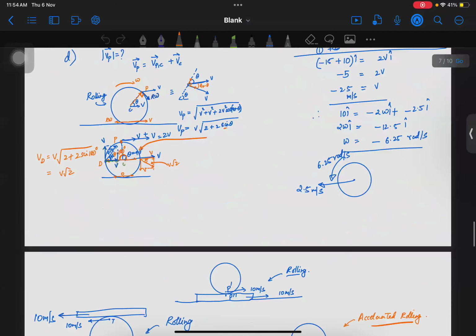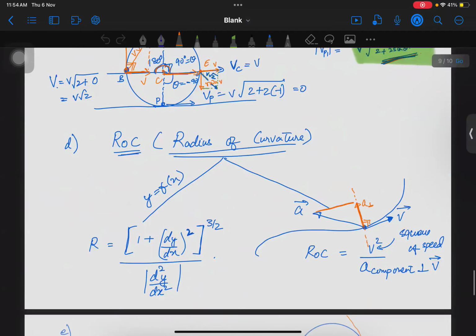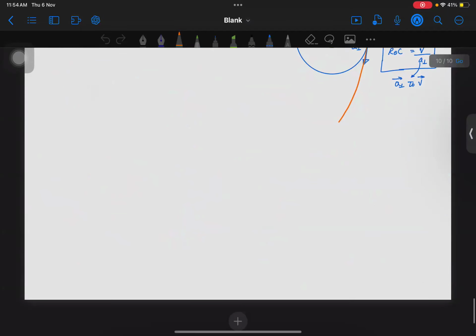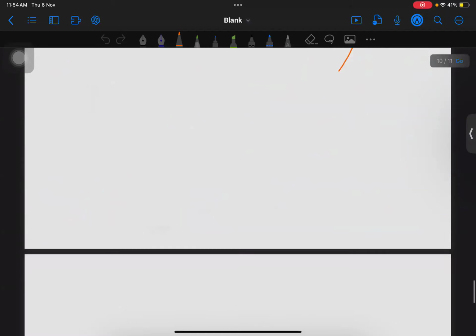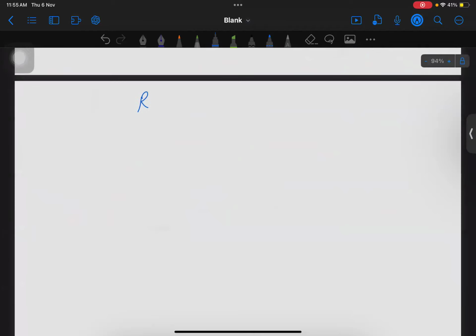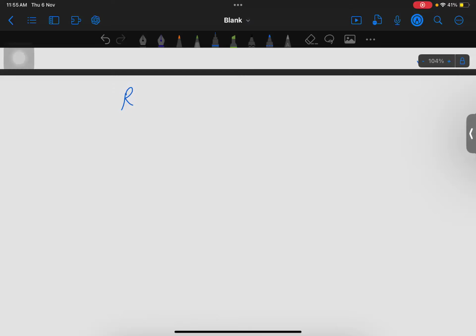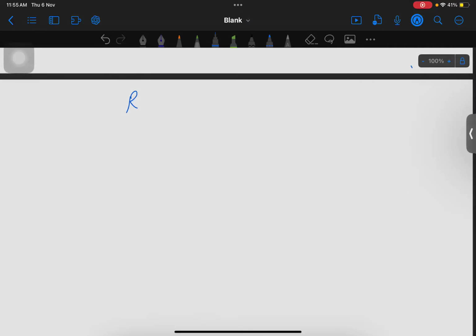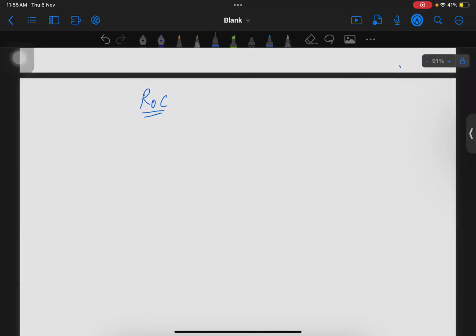All right. So now let's move on to the radius of gyration. Sorry, not gyration. Radius of curvature, ROC. We can always find out the radius of curvature in two ways.